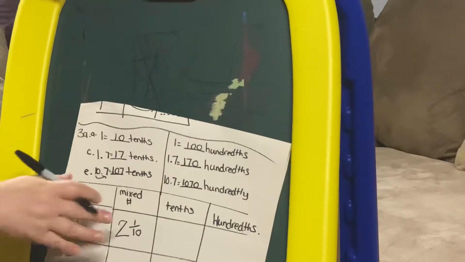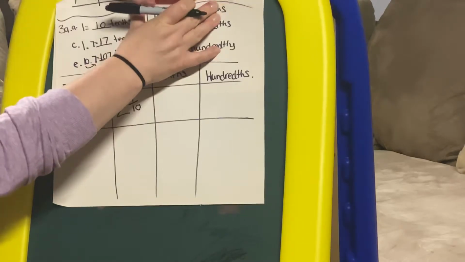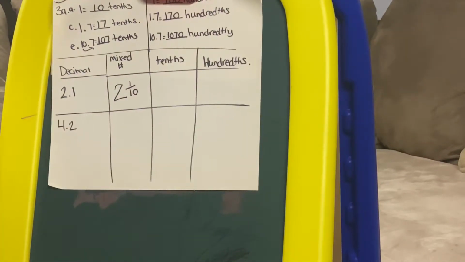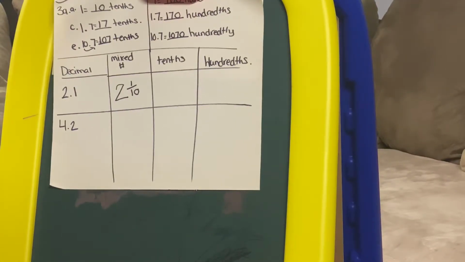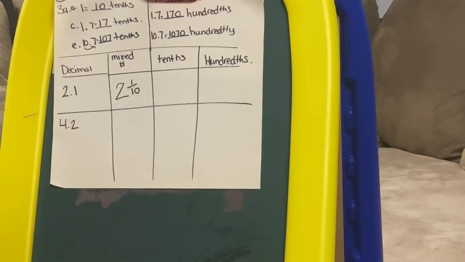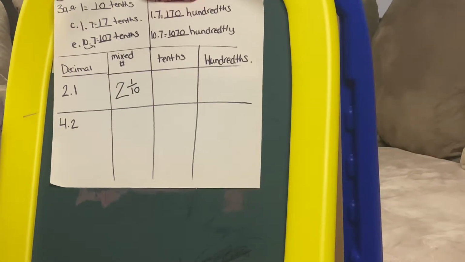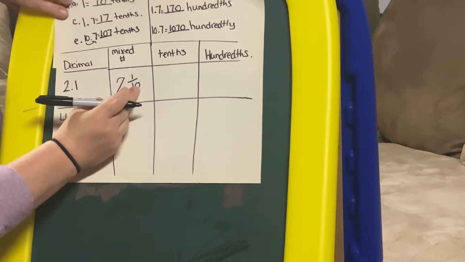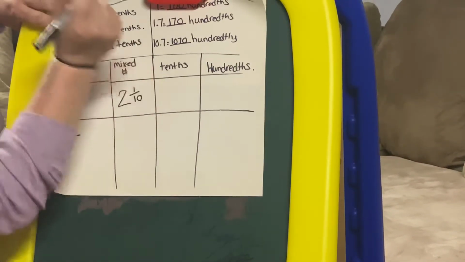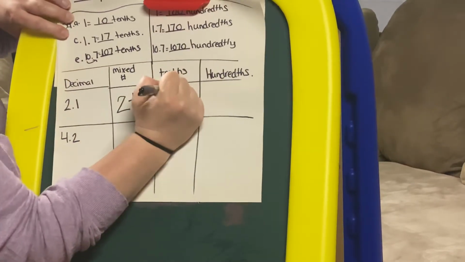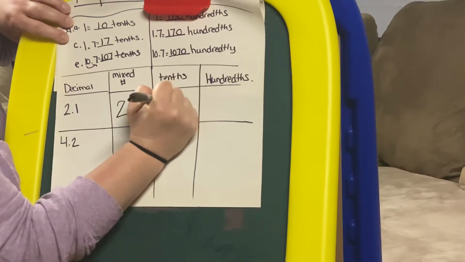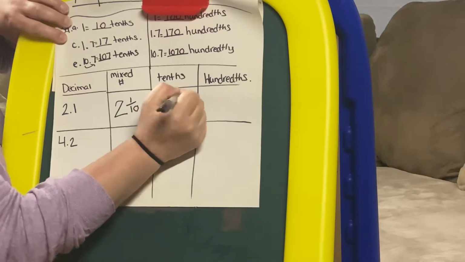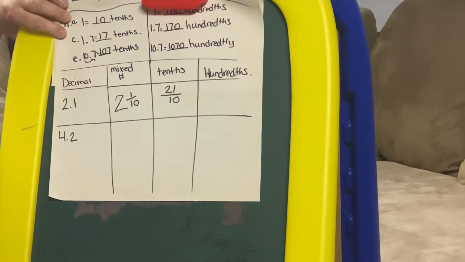Now we need to get to the tenths position, tenths. And in order to do that, we are going to add our whole number to our decimal. So we are actually going to be timesing 10 because we're moving it back behind the decimal. So you would have 21 tenths. Okay?